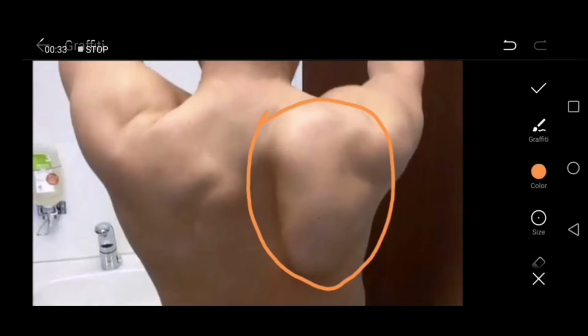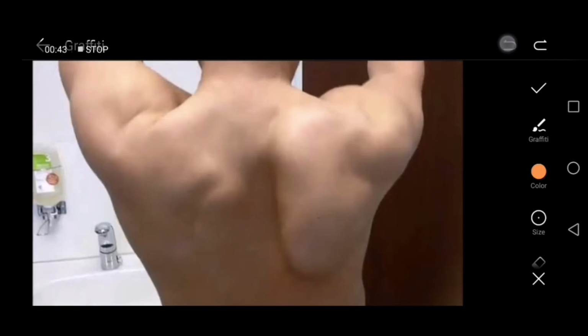Anything might have happened which has led to the serratus anterior muscle not functioning properly, causing the winging of the scapula. On the left side the serratus anterior is functioning properly, as there is no winging of the scapula on the left side, but there is winging of the scapula on the right side.